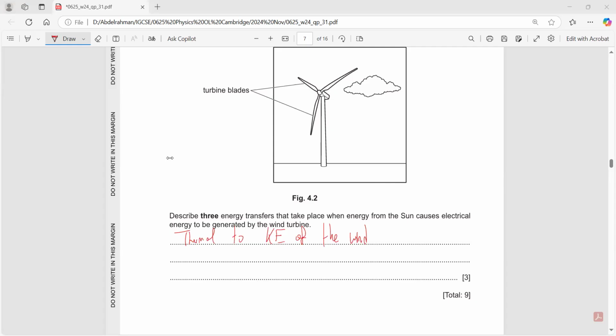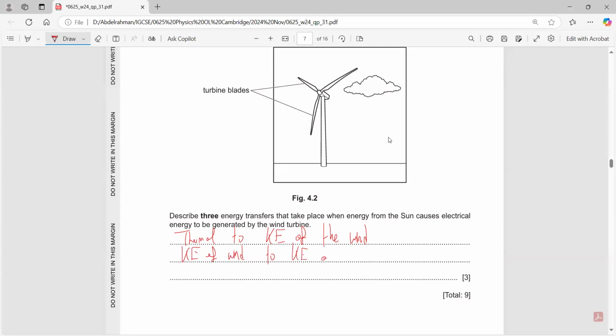And then, what can I say? Can you say kinetic to the turbines? Okay, kinetic energy of the wind to kinetic energy of the turbines, or the kinetic energy of the turbines to the kinetic energy of the generator.